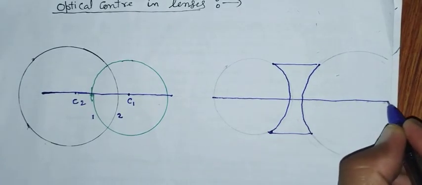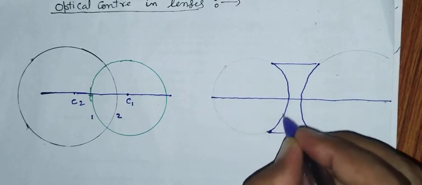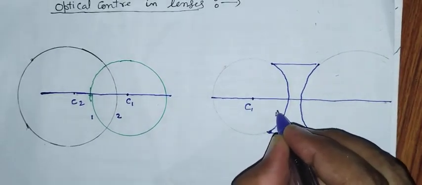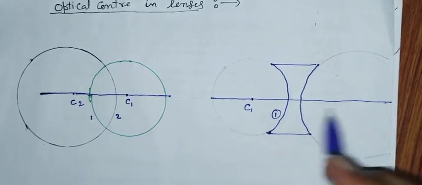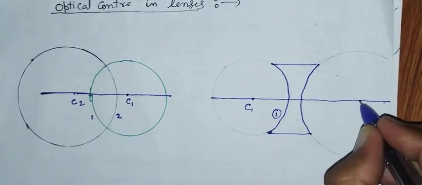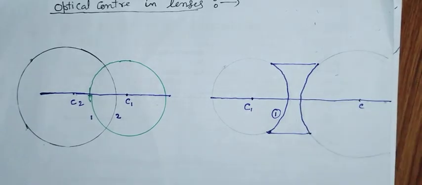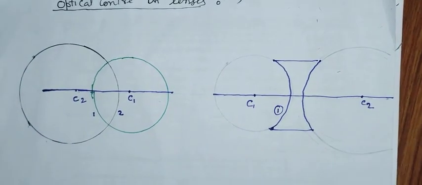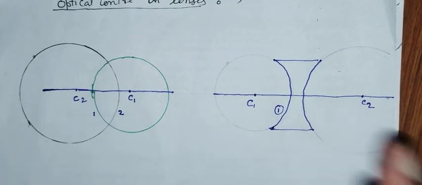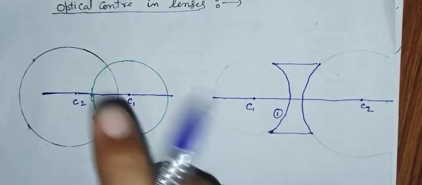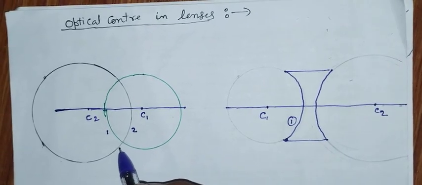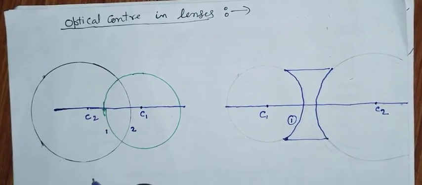See the principal axis, this is a circle, center of curvature C1 of the first side is on the left hand side, and C2 is on the right hand side of the lens. So this is the difference. We will see the concept of optical center by taking an example of a convex lens and a concave lens.